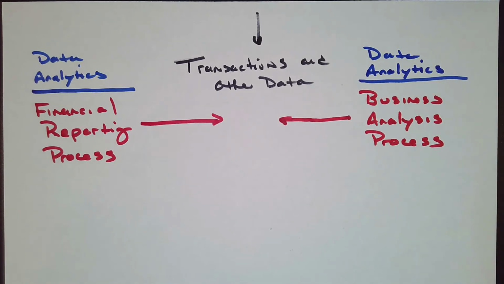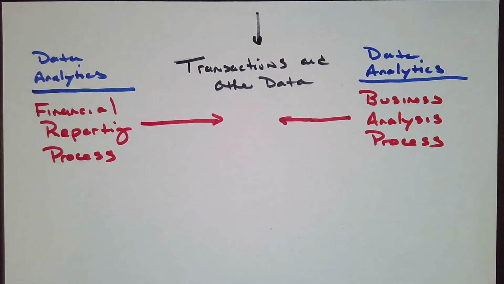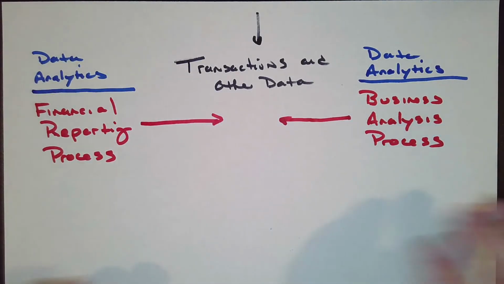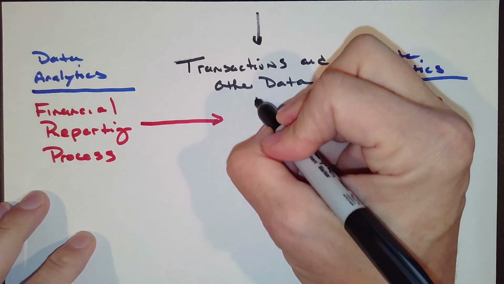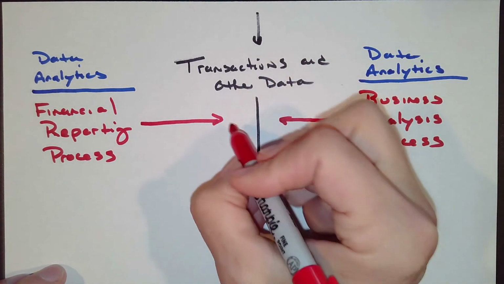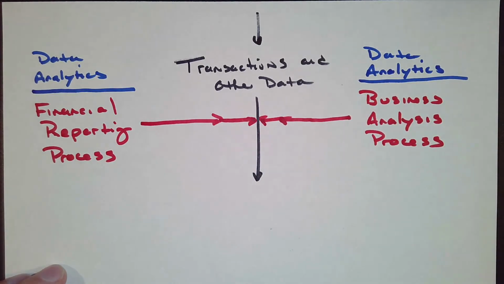So to take this wealth of information, we need people who are focused on the financial reporting process and the business analysis process. You can call it whatever you want. And what both of these groups do is they take the information and they summarize it.